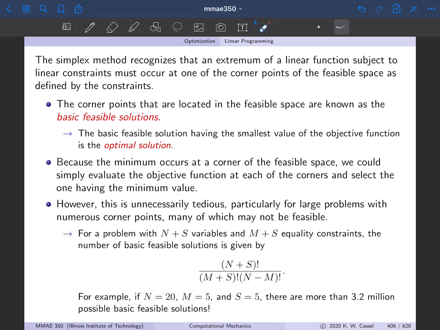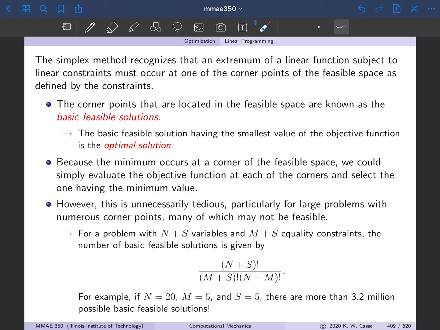So again, all that carries over into the general simplex method. Now, because the minimum occurs at one of the corners, we could simply evaluate every corner point, determine the corresponding value of J, and then select the one that has the smallest value of J. That's essentially what we did in the train car example.